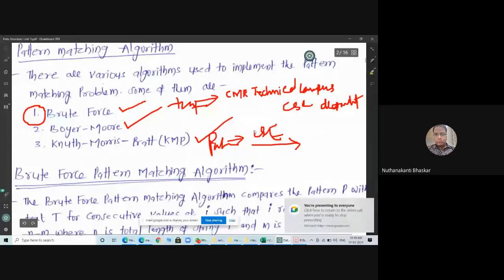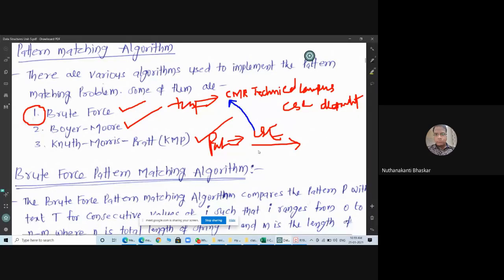Now, as per your answer, first of all, we need to check the first character of the pattern with the first character of the text, correct? If it matches, then check the second character of the pattern with the second character of the text. Yes or no? Yes, sir.